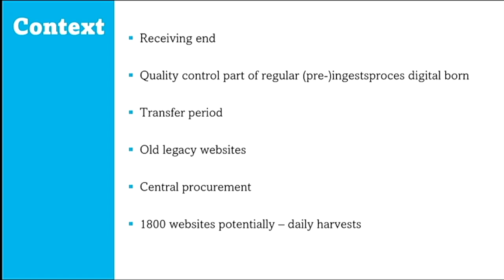So quality control is really an important part of our ingest process, but also our pre-ingest process. So there's also a transfer period. They could transfer in a year, but they don't want to because it's a pretty long process, and we're maybe a bit difficult, so they're not very eager to give it to us.